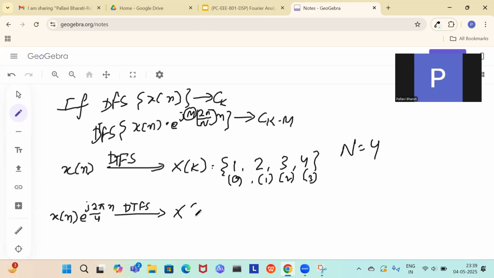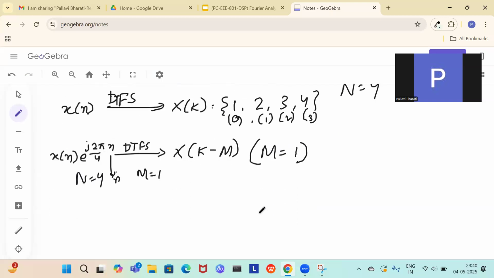As we know, it is going to become X[k minus M]. Now let us identify what M is. From 2 pi M by N, when my N is equal to 4, capital M is equal to 1. So the Fourier series coefficients are going to change.